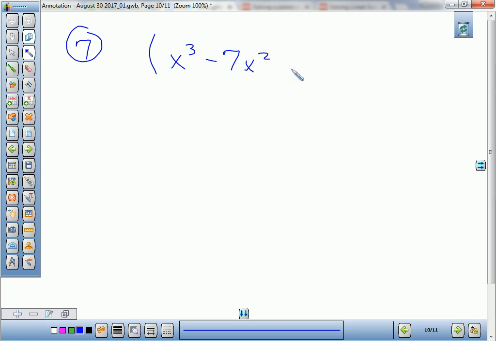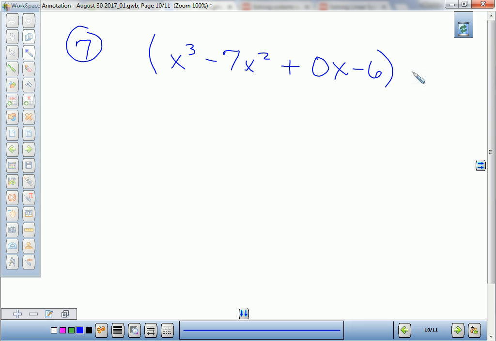It is missing a 0 x. It doesn't have the 0 in for the x. So when it's missing one, you have to put in that 0. So I put a -1 on the table, but I need a 1, a -7, and the 0. If I try to do it without the 0, I'll get the wrong answer.